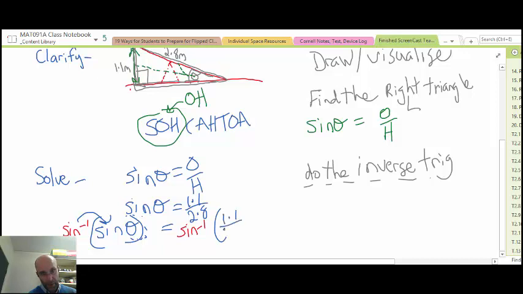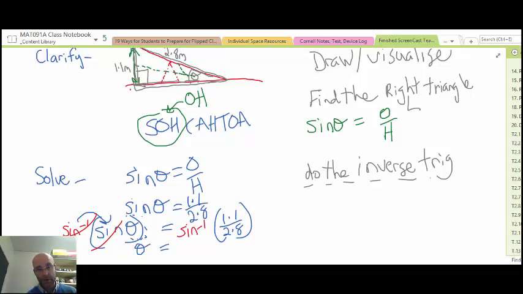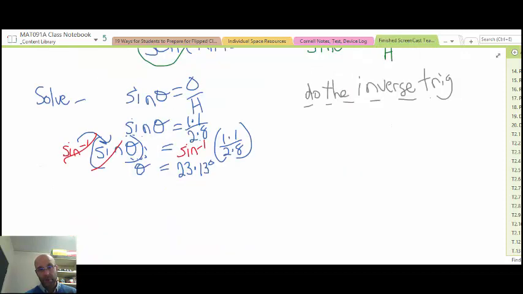And I'm going to put brackets over the 1.1 over 2.8. These two cancel each other out. Inverse sine of sine leaves just the angle. So what we have here is theta equals the inverse sine of 1.1 over 2.8, and you can use your calculator for that. To two decimal places, as the question asks, we have 23.13 degrees.